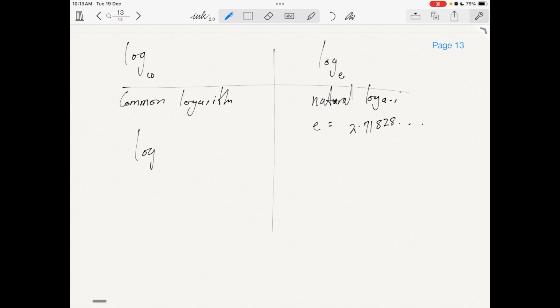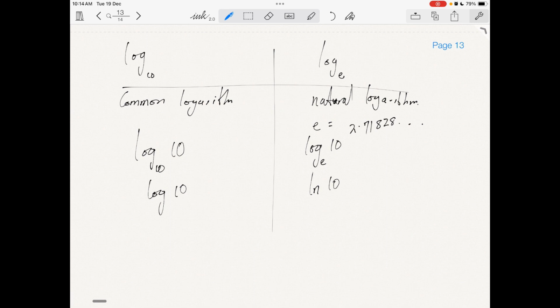If we have log to base 10, most of the times you just write it simply as log, and if the base is e, we change it to ln.